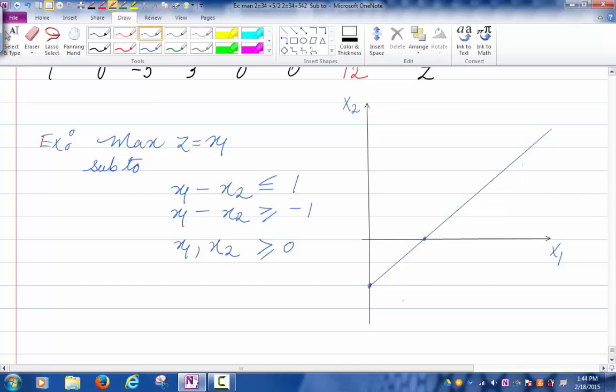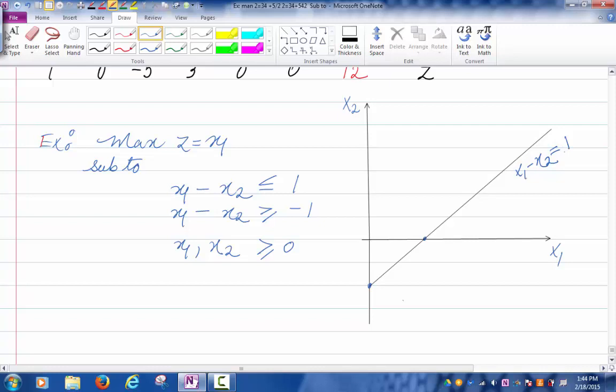You agree that this is the graph of X1 minus X2 is equal to 1. So when X1 is 1, you get X2 to be 0. When X1 is -1, no, I think this one corresponds to the second equation.